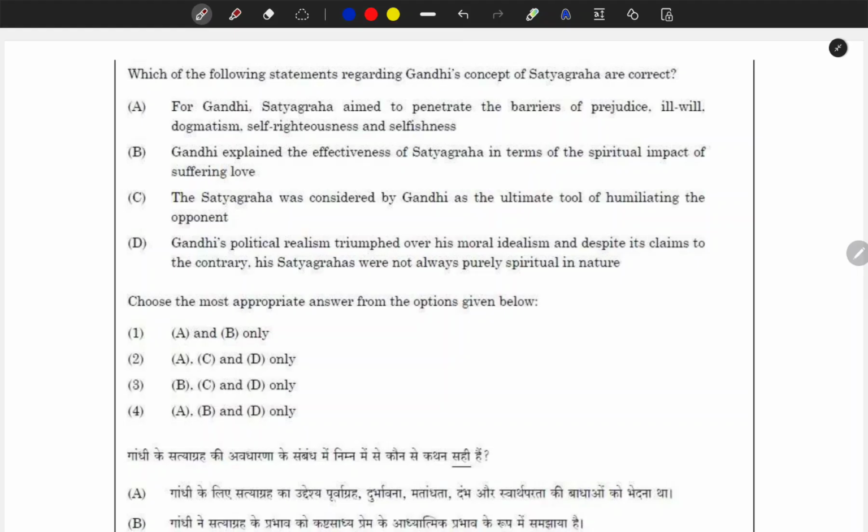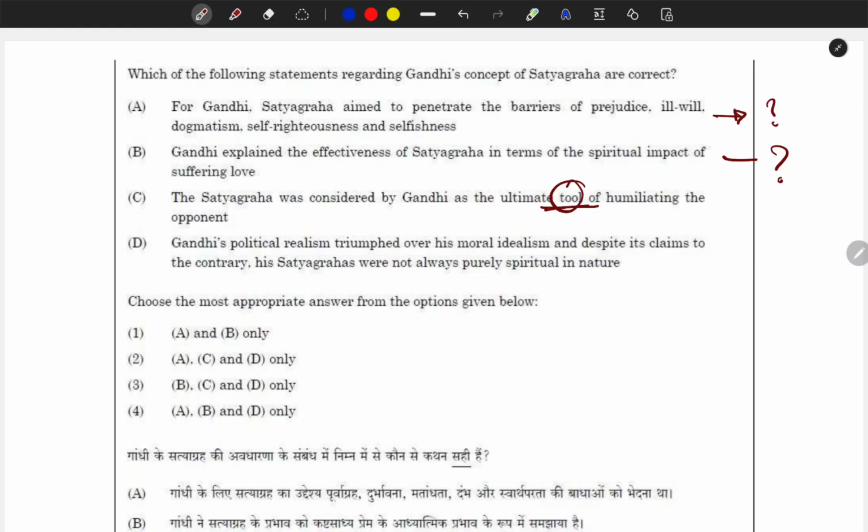If you ask me, there is no clarity whether this is correct or not. For me, this is a correct statement, but I'm taking it as I don't know. I'm taking it with your perspective. Gandhi explained the effectiveness of Satyagraha in terms of the spiritual impact of suffering, love. Again, no clarity.